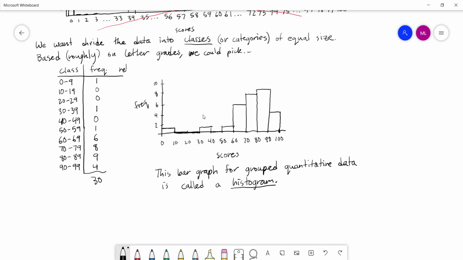So this would be 1 out of 30, computed as a decimal, 0 out of 30, and so on, going through and taking each one of these numbers and dividing by 30. I'm going to undo that just for clarity's sake, but the point is it's the same procedure that we used in the previous section to compute relative frequency and create a relative frequency distribution. The bar graph is again going to be called a histogram. So that's going to be important.